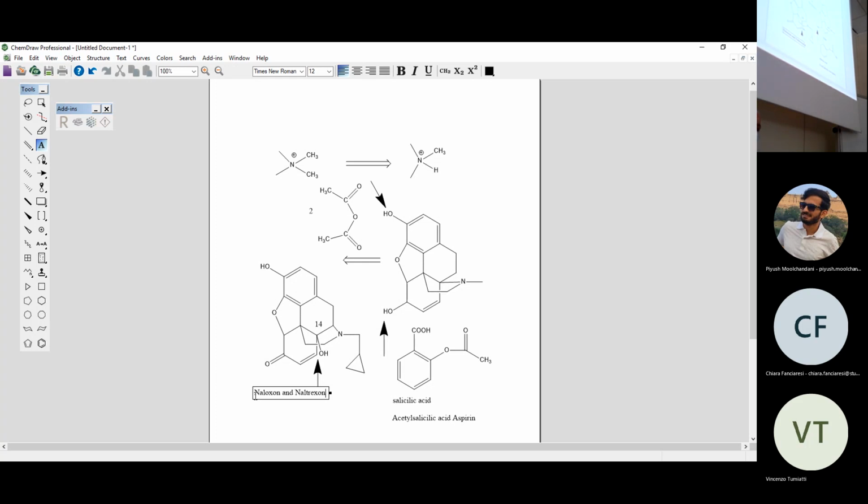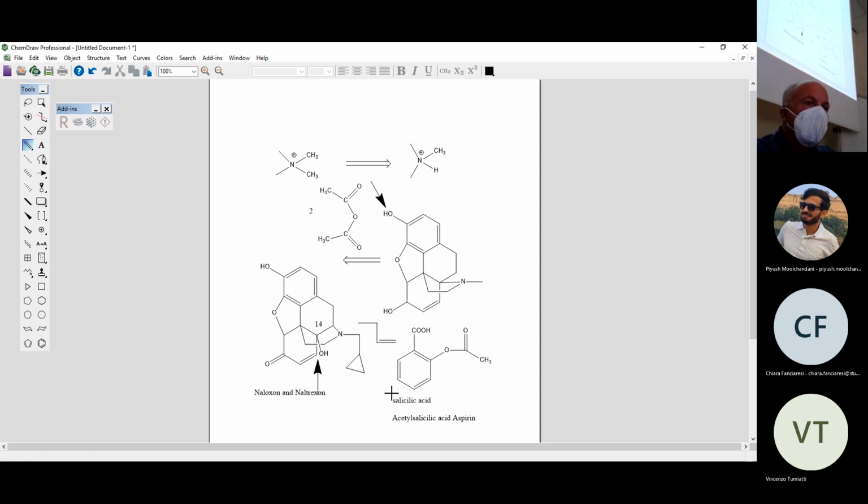OH group on carbon 14 and an antagonistic substituent, the cyclopropyl group or allylic group. We have already seen that it's possible to introduce also this type of group.